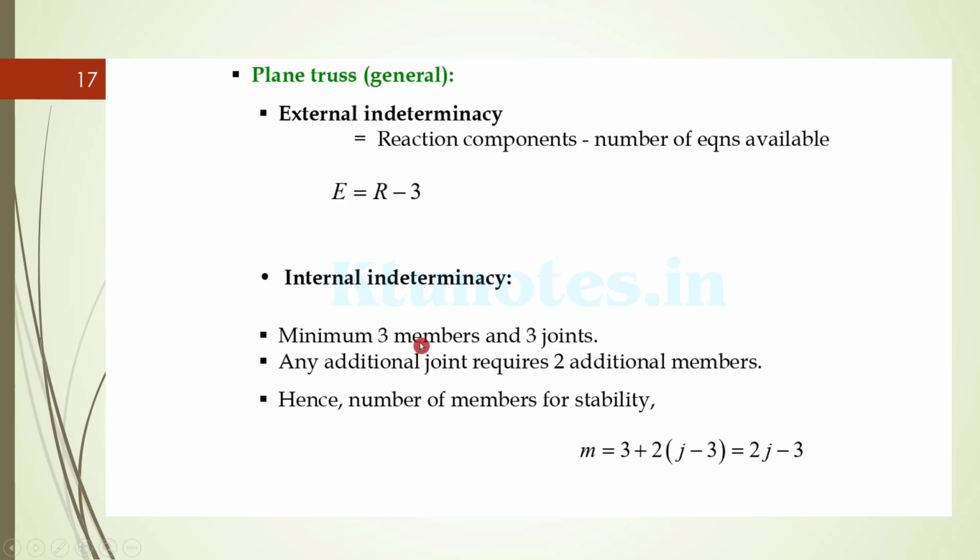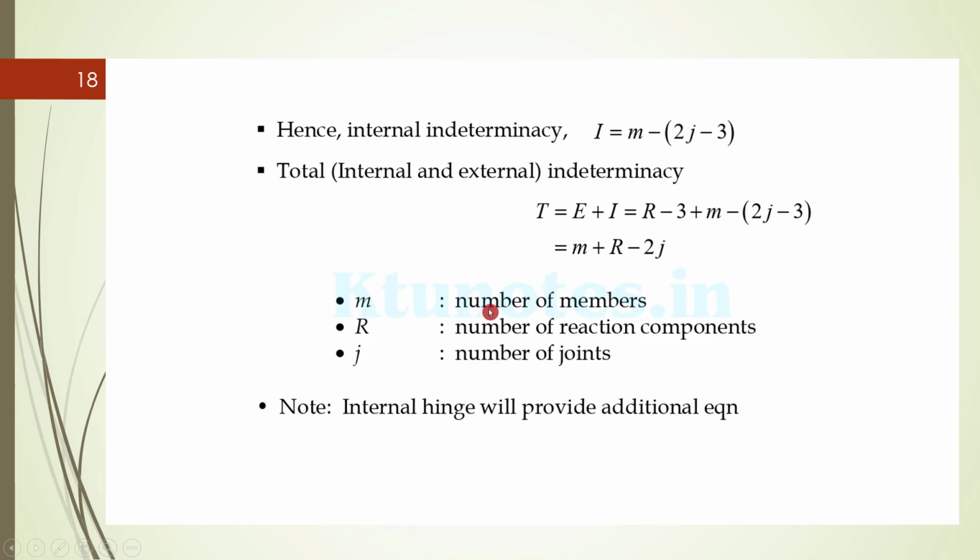At least you need 3 members and 3 joints, and any additional joint requires 2 additional members. Hence the number of members for stability is m equal to 2j minus 3. So m minus (2j minus 3) will be the internal indeterminacy.